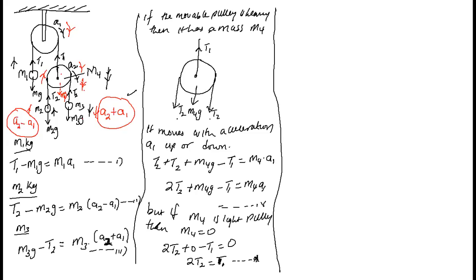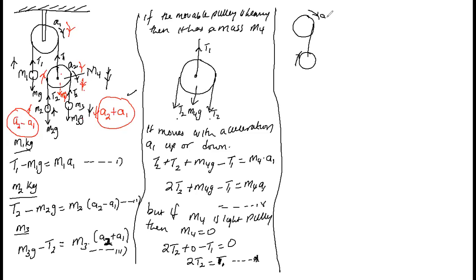And also for the M2 mass, why did you say A2 minus A1? Okay. Look here. The fixed pulley is rotating in this direction. The movable pulley is rotating in this direction.